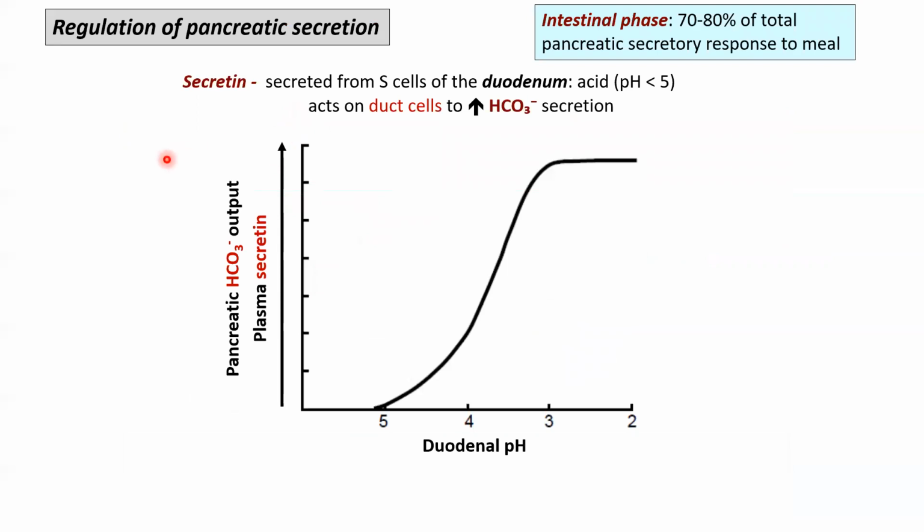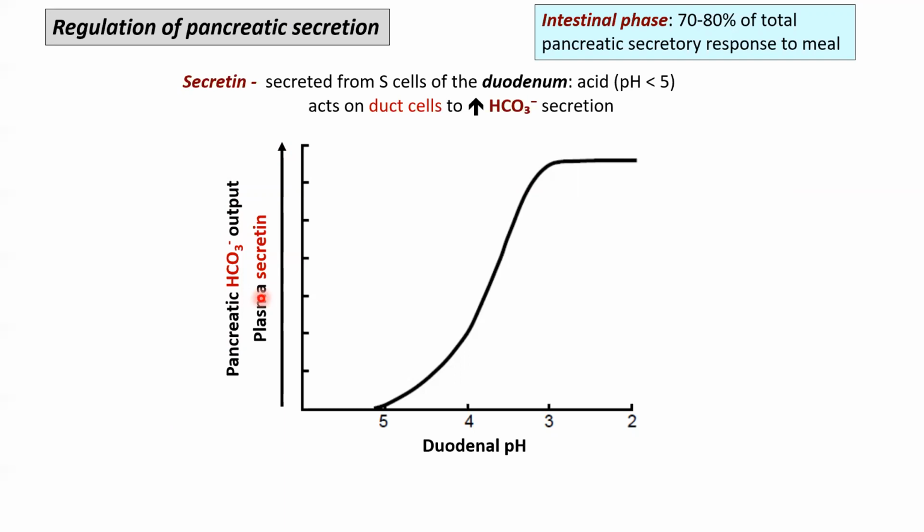Now, the intestinal phase is usually going to be most of your pancreatic response, both enzyme and fluid. A major player here is bicarb output, fluid output. What we're showing here is duodenal pH, bicarb output, and plasma secretin.